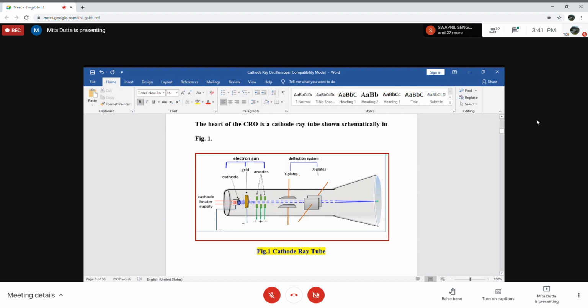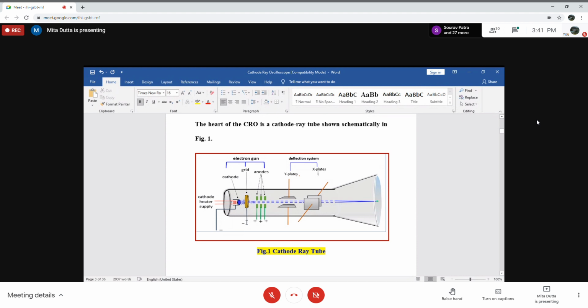When the electron beam comes out from the cathode, it passes through this grid, and the number of electrons coming out of the grid depends upon the voltage applied to it.